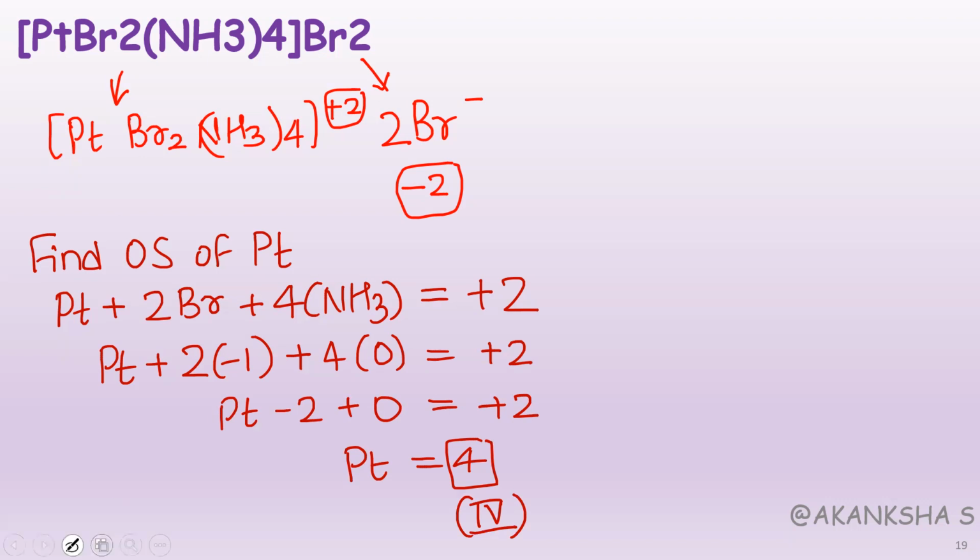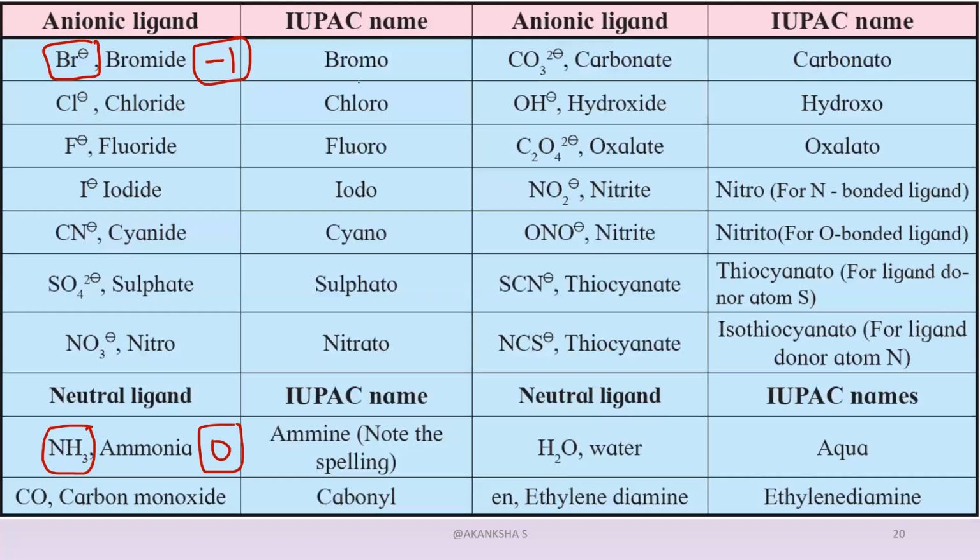Now let's start naming. We know if we have a suffix or we have an anion after the complex, its name should also come after we have named our primary complex. Okay. So we'll first start with understanding which name to be given. This is what? Br is what? It is bromo. NH3 is what? Amine.